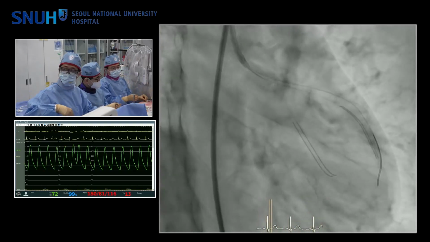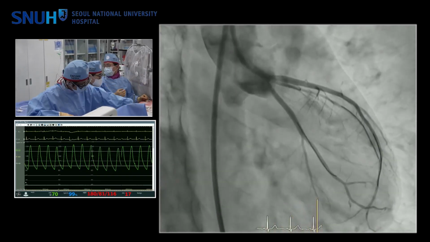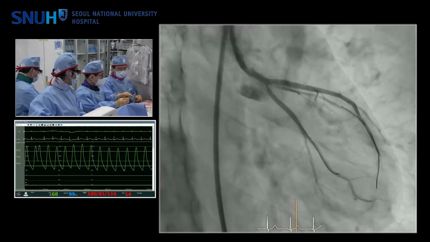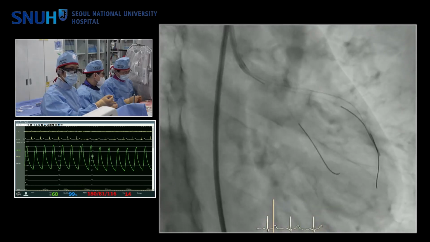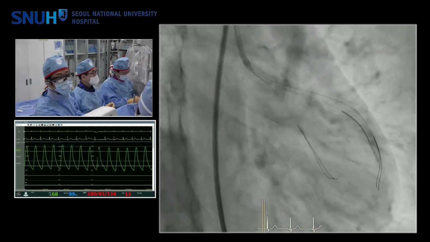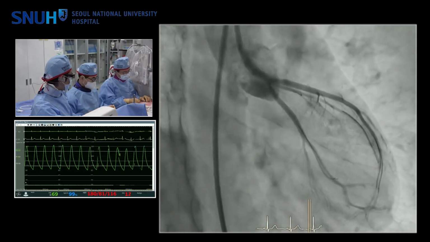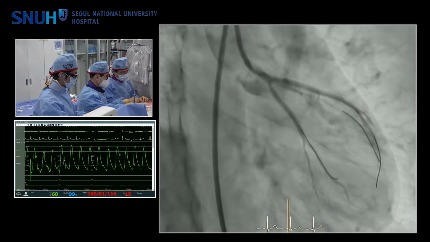So for measuring the vFR, the overlap of the introducer, that contrast is no problem. Yeah, the specialists say there is no problem. And you have to acquire the image at 15 frames per second, right?